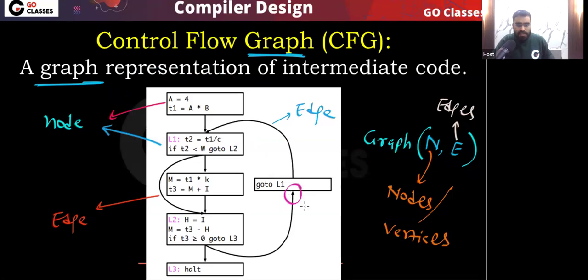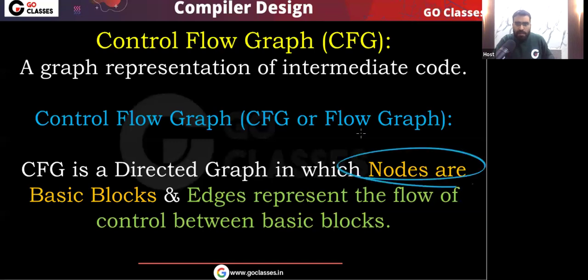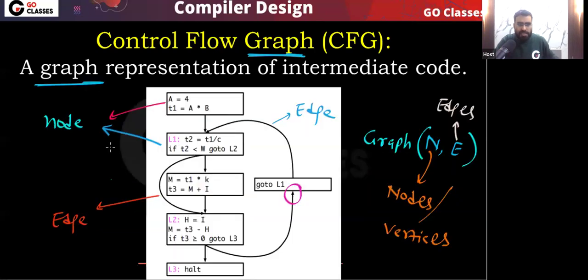This is a directed graph in which every node is a basic block. What a basic block is, we will see, don't worry. Every edge is telling you how the control is flowing in this program. You can notice that the edge is indicating the control flow.